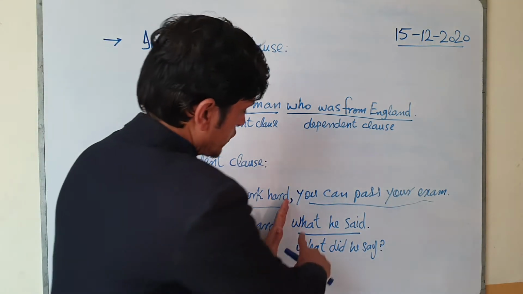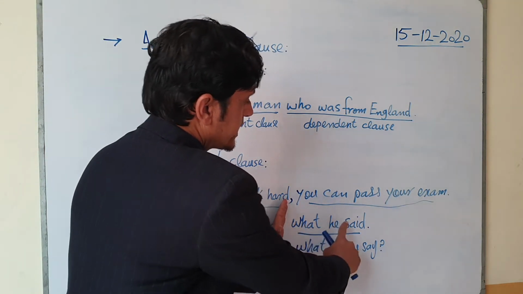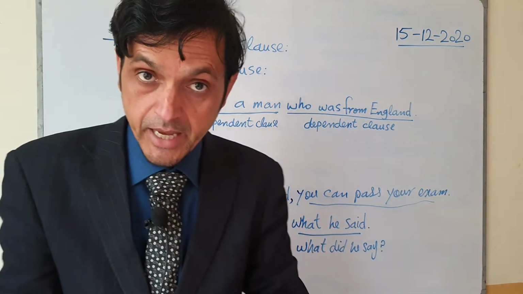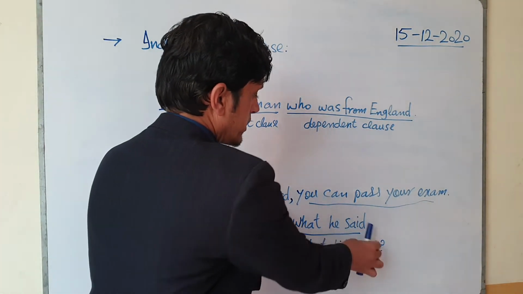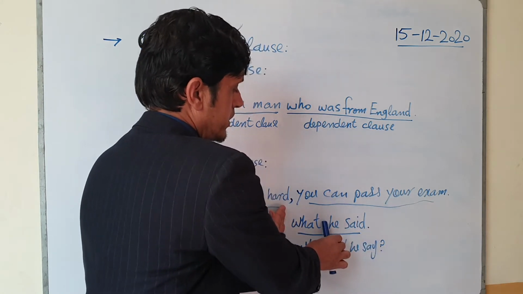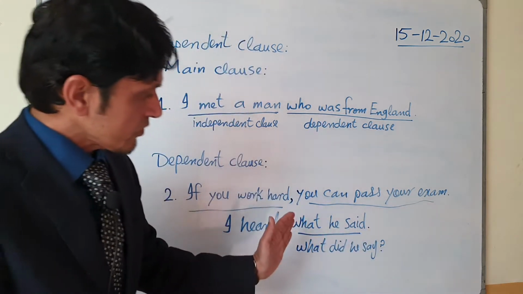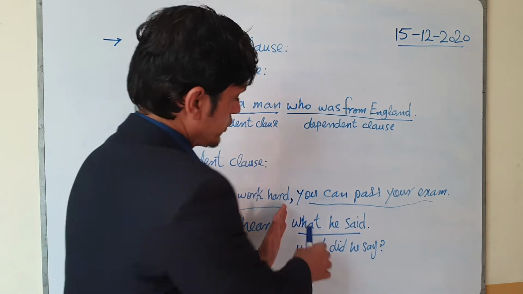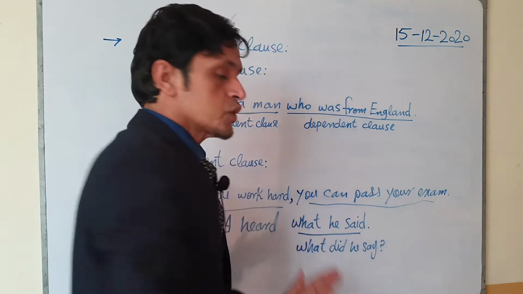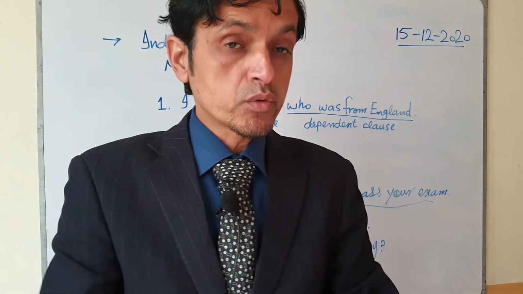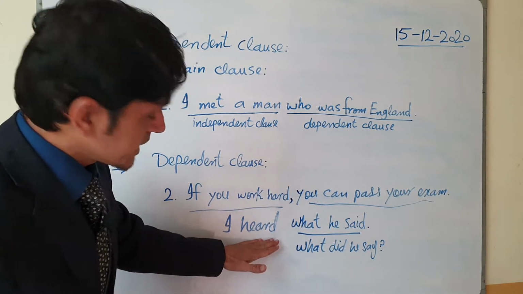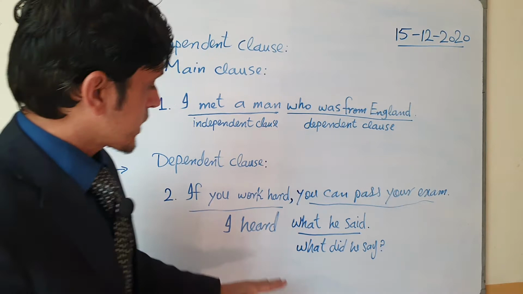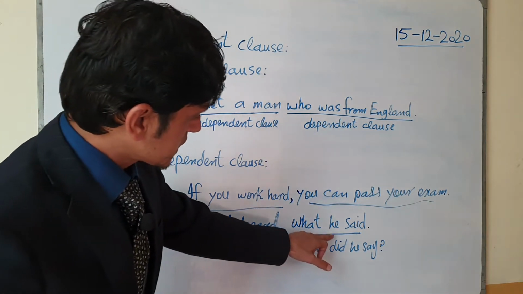Now look at this one: what he said. Here we have neither an auxiliary nor a question mark. If you say what he said, the meaning is not clear. We do not understand the idea until we put a main clause or independent clause with it.